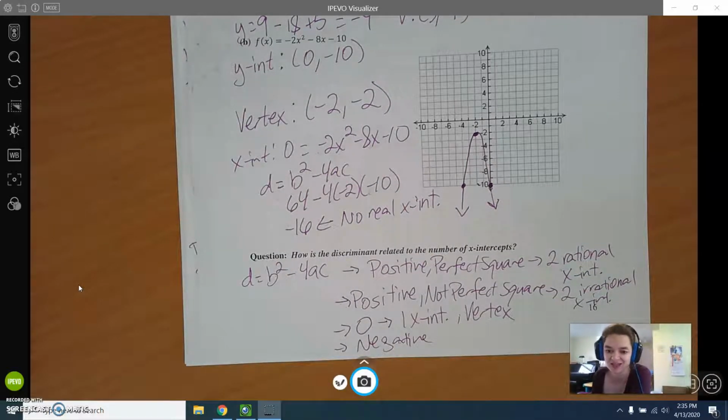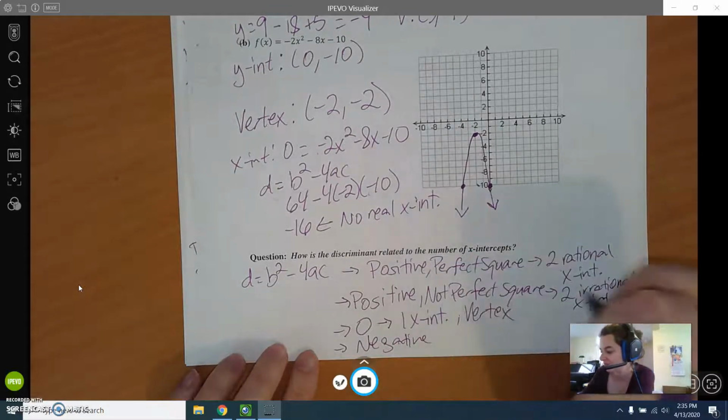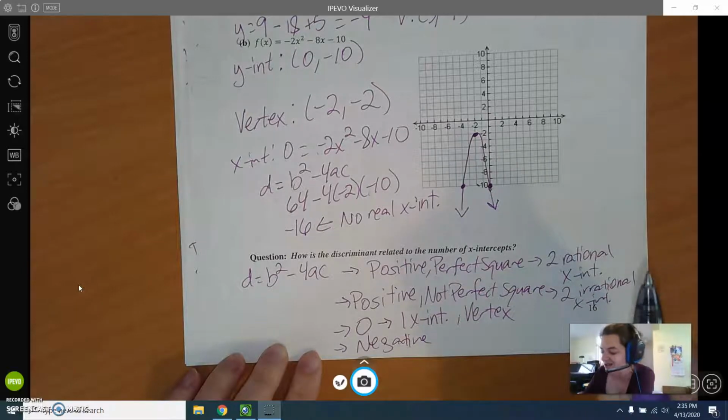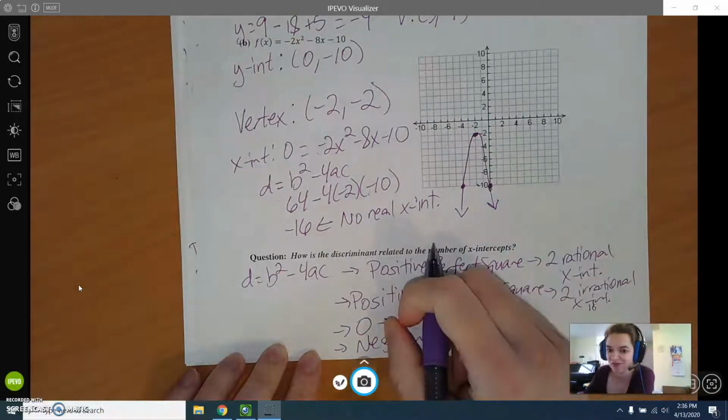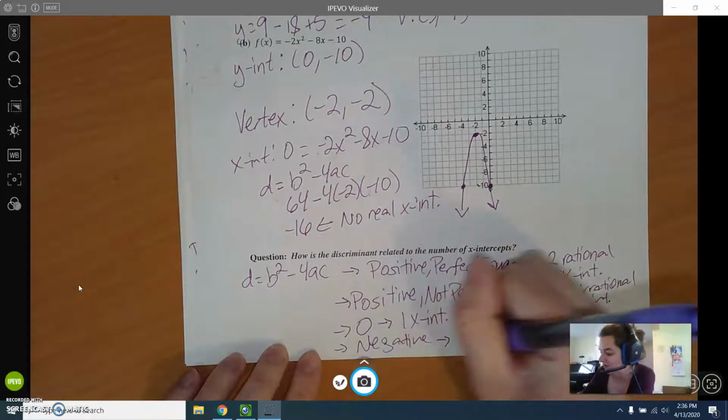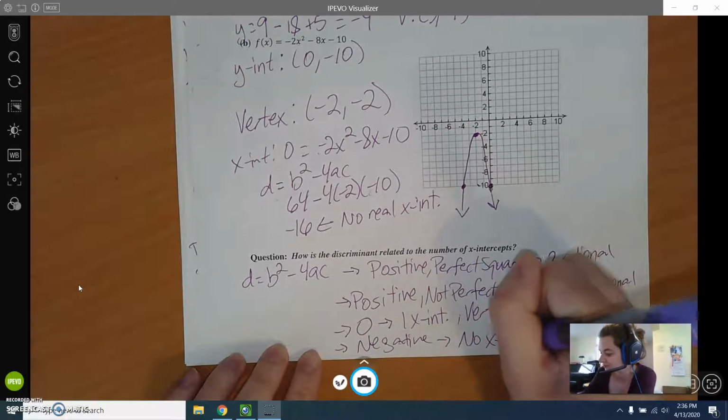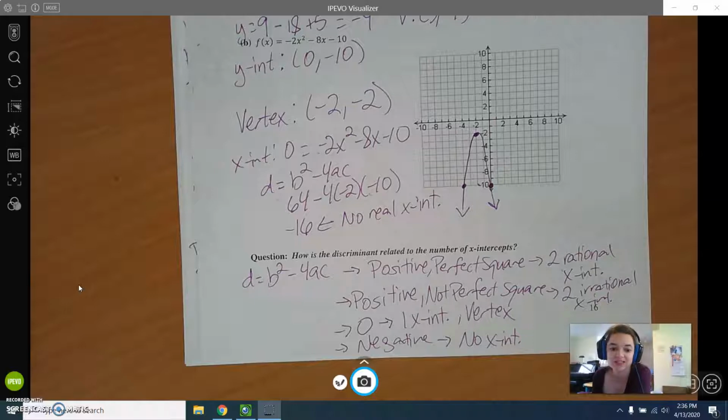It doesn't have any real x-intercepts, only imaginary ones, and we don't graph imaginary stuff on the real coordinate graph, so no x-intercepts. Okay, so that's how you can find things quickly and easily.